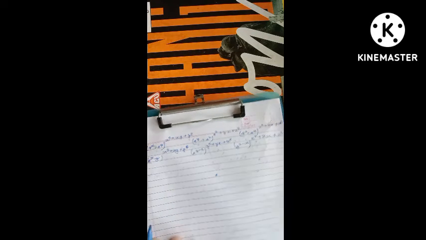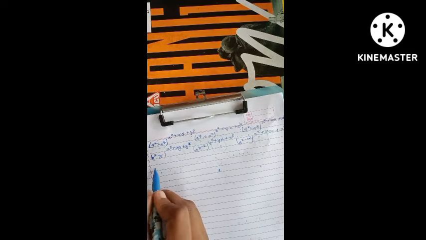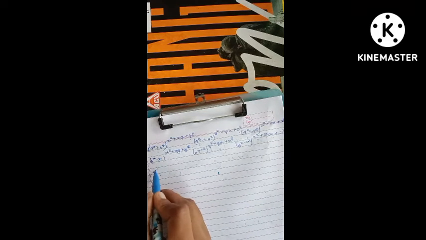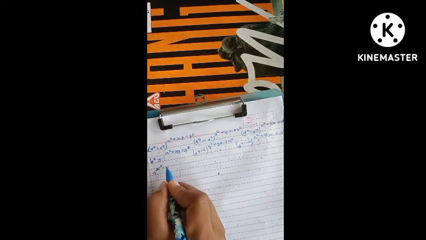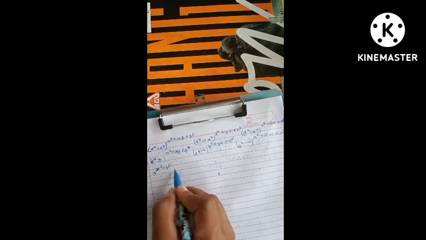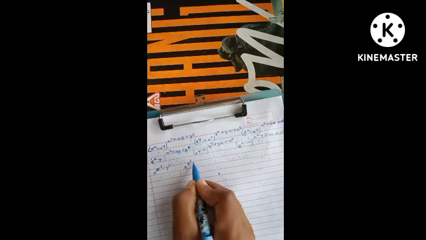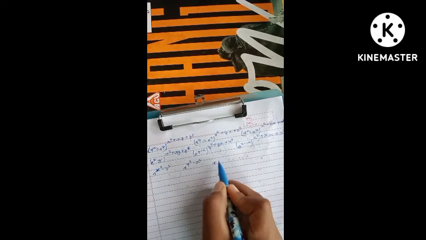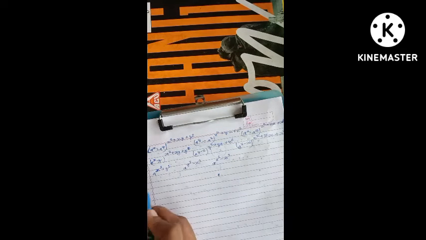It means x cube minus y cube, multiplied by a to the power y cube minus z cube, and a to the power z cube minus x cube.